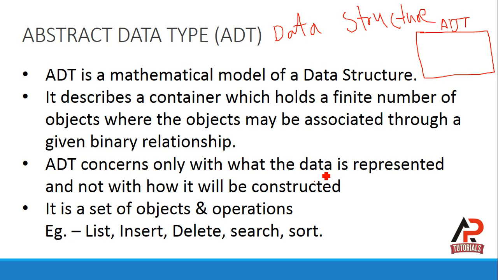It just wants what the data is, whether it holds a float amount of data or an int amount of data. So think about the range: what the data represents, and not how it will be considered.